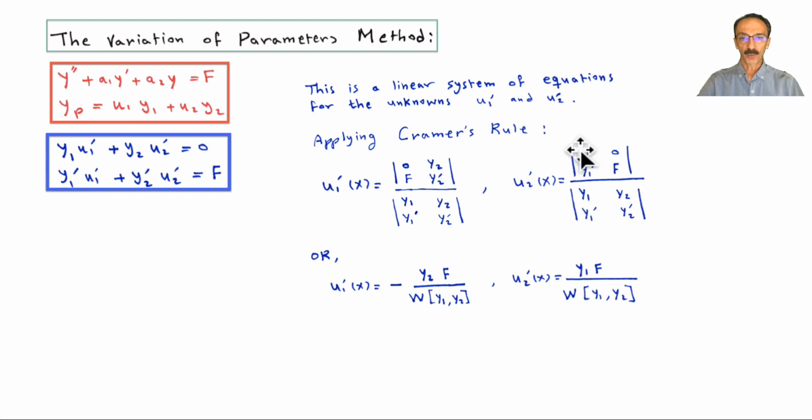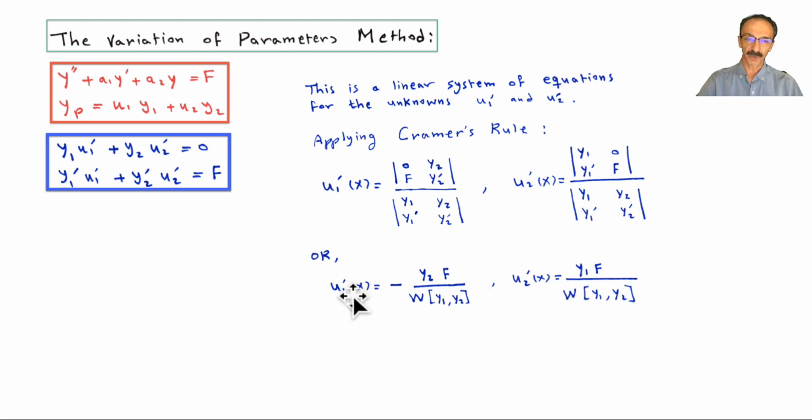Here, y1 times f minus, of course, 0. It's y1f. And this right here is the determinant, which is W, the Wronskian of y1 and y2. So that's how we find u1 prime and u2 prime.